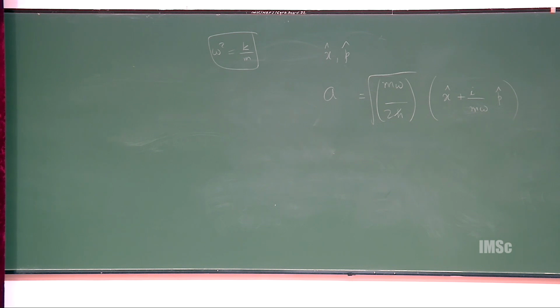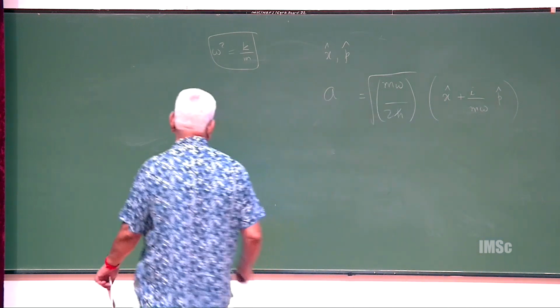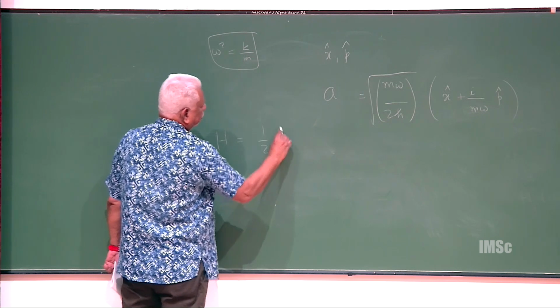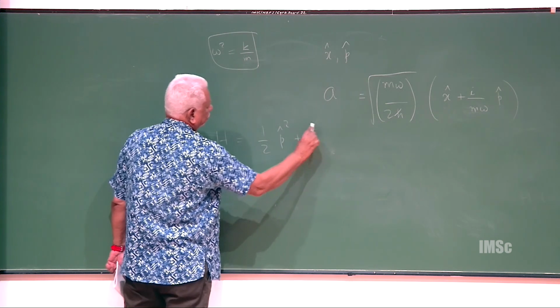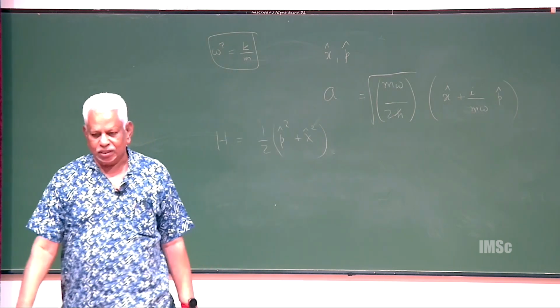I am going to make k is 1, m is also 1. Mass of the particle is 1 in my hand, and the spring constant is also 1. It's also in my hand, so the problem becomes simple. In that case, my Hamiltonian is half p hat square plus x square. As simple as that.